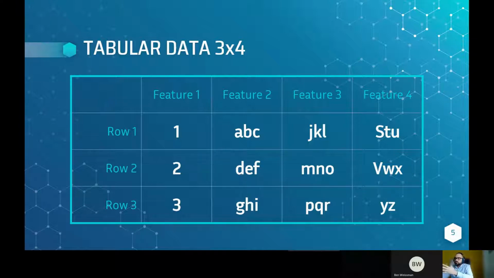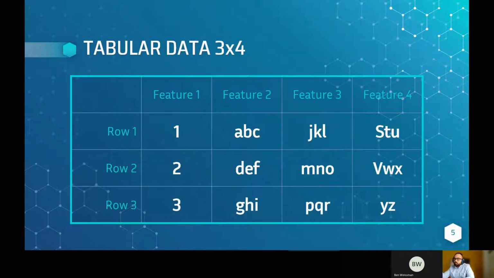So you have 3 rows and you have 4 columns, or we also call these 4 columns features. Some of these features are categorical, such as feature 2, 3, and 4. And feature 1 is actually a numerical feature, so it contains only numbers. This is what we're going to work with today.